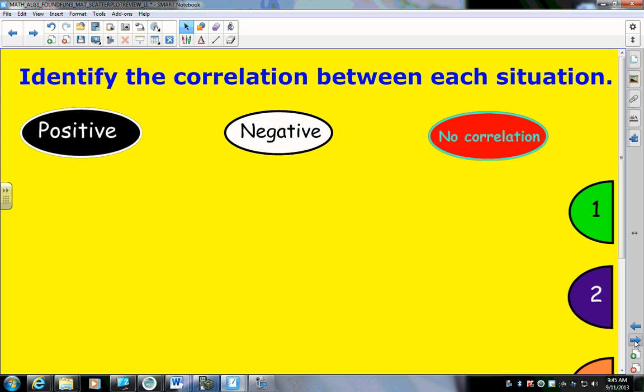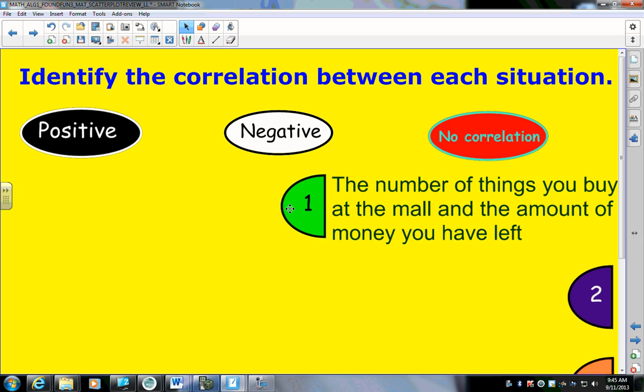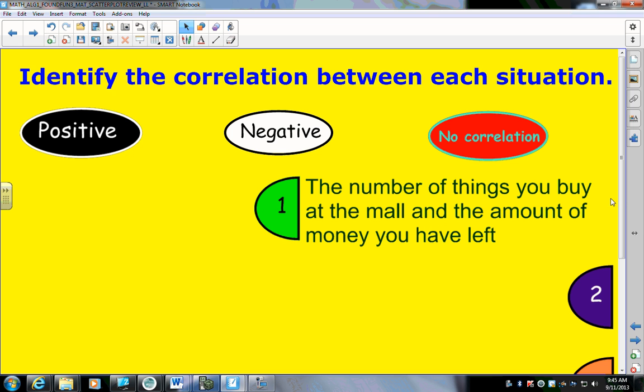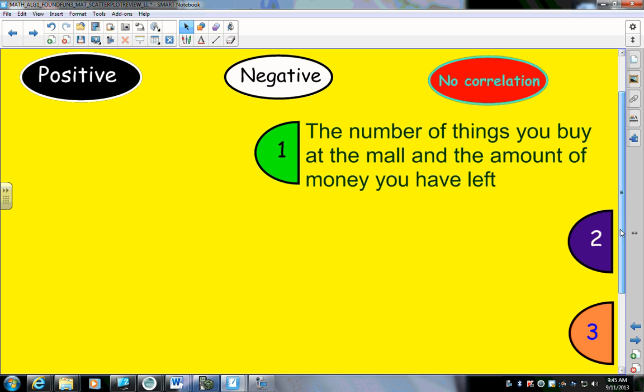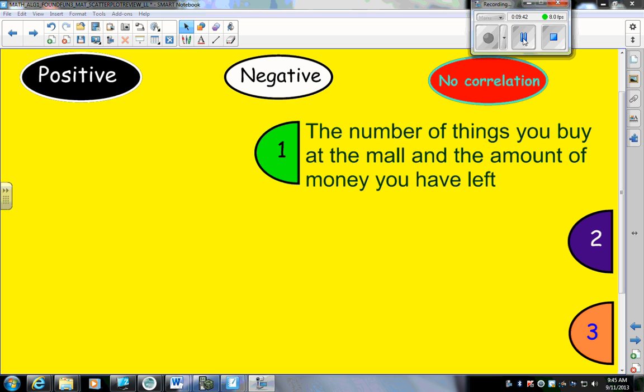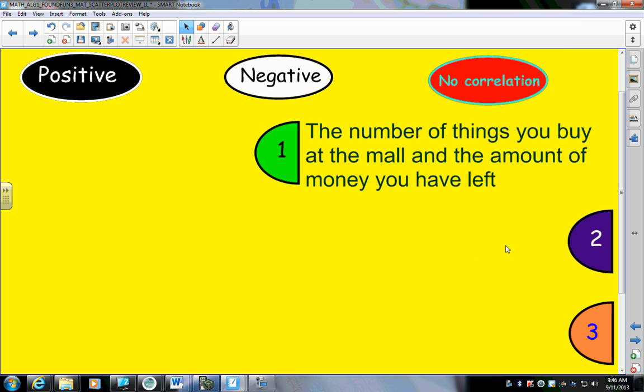Okay, so let's try and match up the next ones. On the next slide, it says positive, negative, or no. Let's start here with number 1 and answer this one. It says the number of things you buy at the mall and the amount of money you have left.